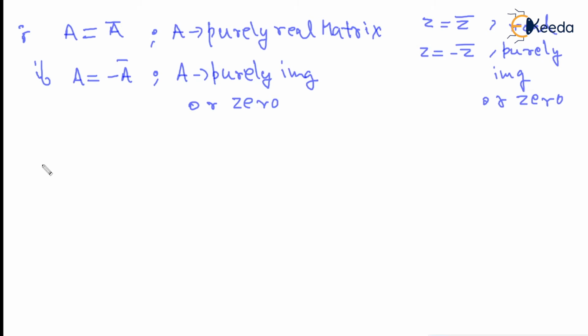It has to be purely imaginary or 0, because the conjugate of 0 is negative also, positive also, so we can consider both cases.